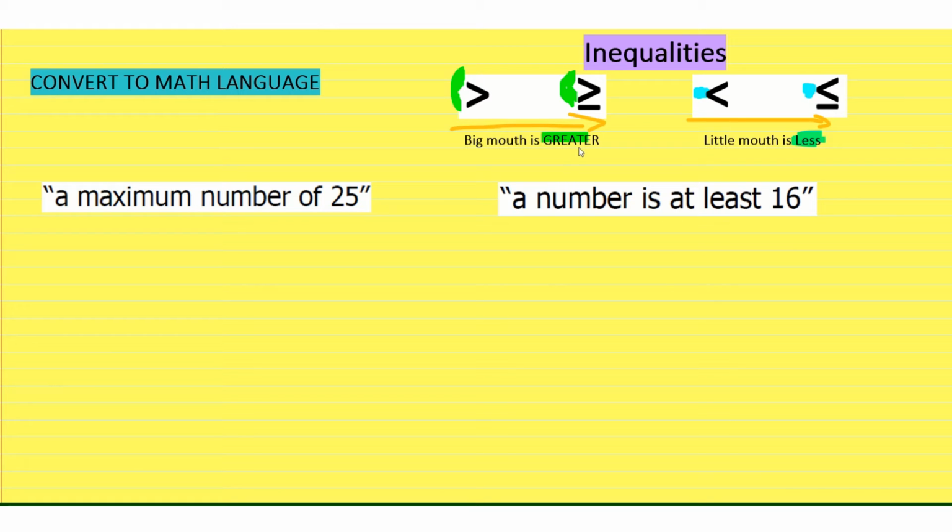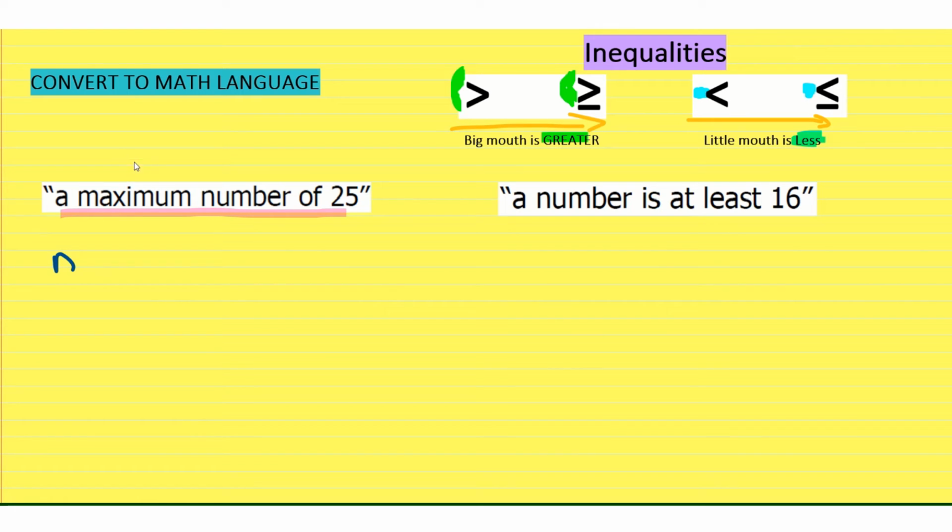Okay, let's go ahead and look at our first expression. It says a maximum number of 25. We're always going to use N to stand for number. The first thing I usually ask myself is, can my number be greater than 25 if the maximum number is 25?